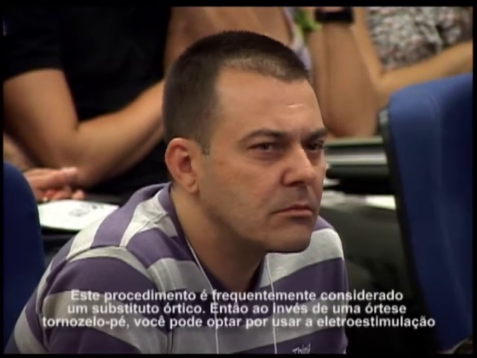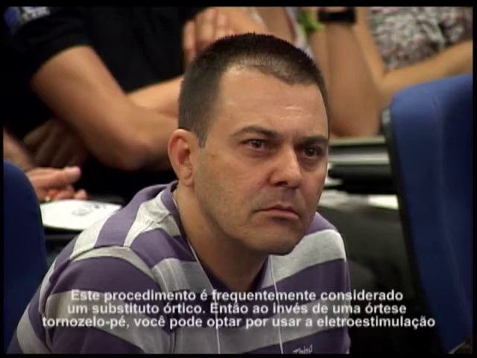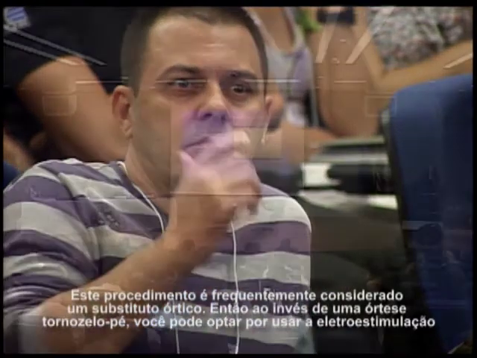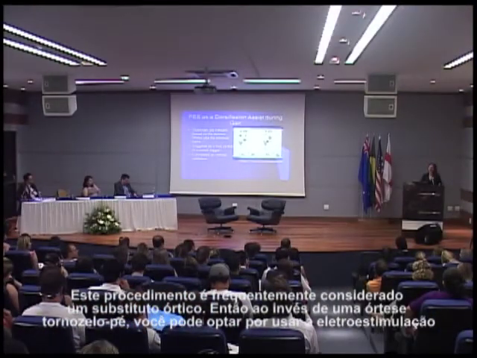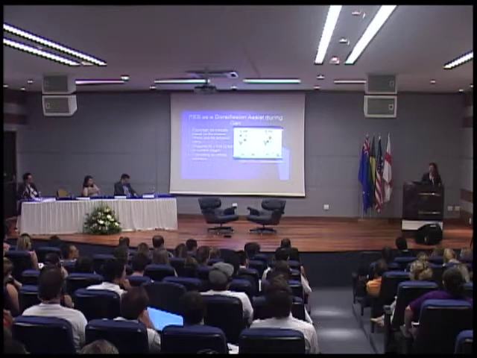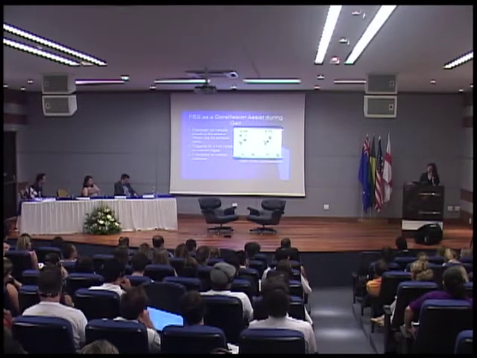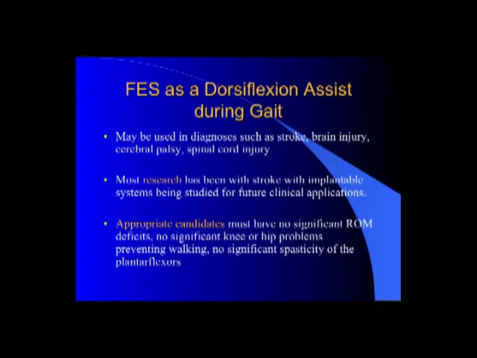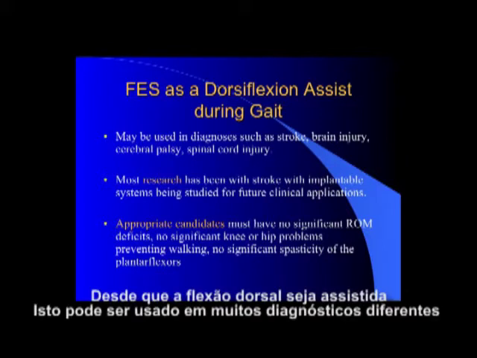And this is often considered an orthotic substitute. So instead of an ankle-foot orthosis, somebody may choose to use electrical stimulation. Okay, so as far as dorsiflexion assist, this can be used in many different diagnoses.